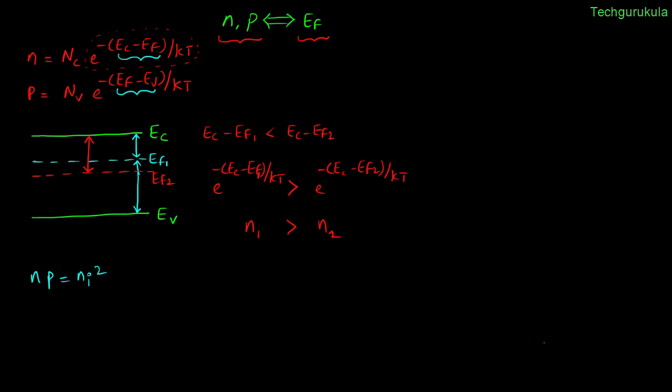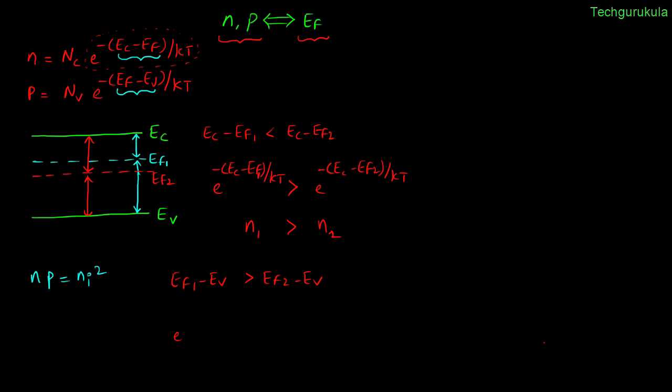Similarly, we can talk about hole concentration, where Ef minus Ev in the first case is higher, and in the second case it has reduced. So EF1 minus Ev is greater than EF2 minus Ev.